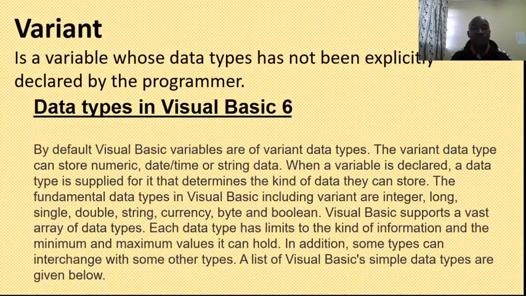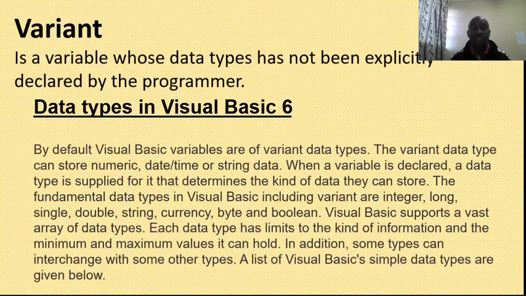Then we can also look at the term variant. It is a variable whose data type has not been explicitly declared by the programmer. Then we can go ahead and look at data types in Visual Basic 6. By default, Visual Basic variables are of variant data types. We have said a variant is a variable whose data type has not been explicitly declared by the programmer.